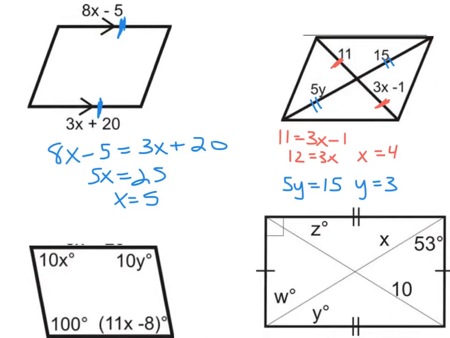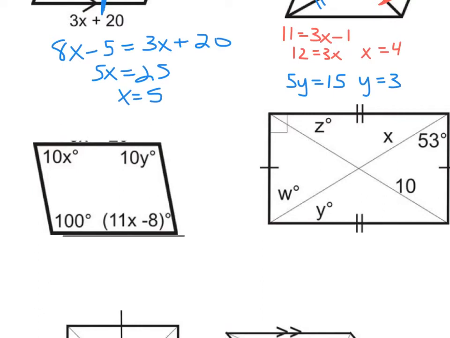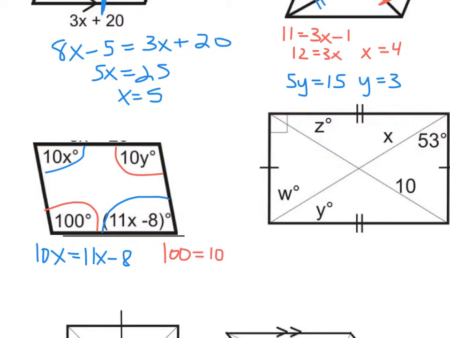So that dealt with sides and diagonals. We also looked at the angles. And in a parallelogram, opposite angles are congruent. So 10x is equal to 11x minus 8, or 100 is equal to 10y.